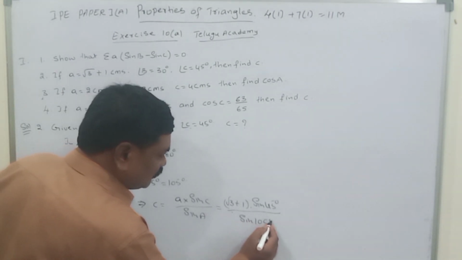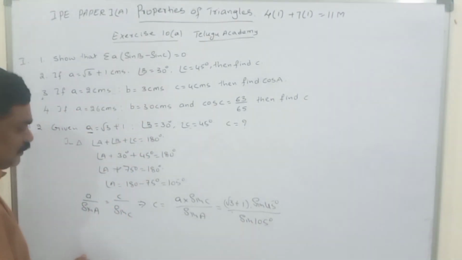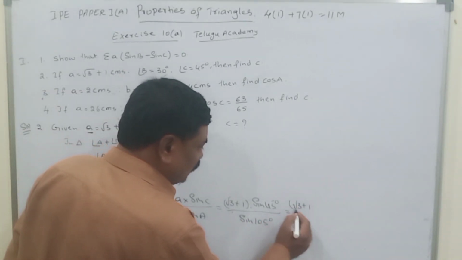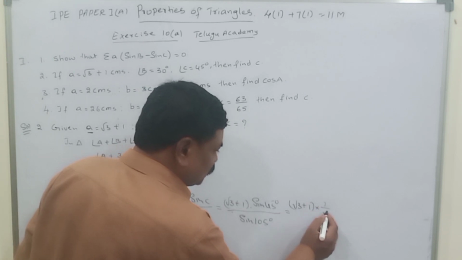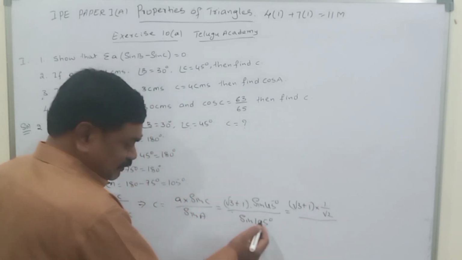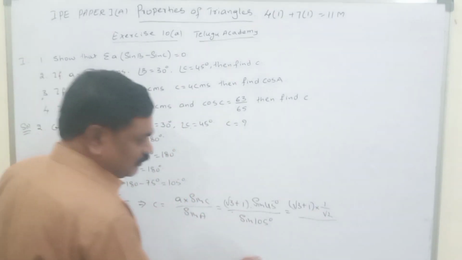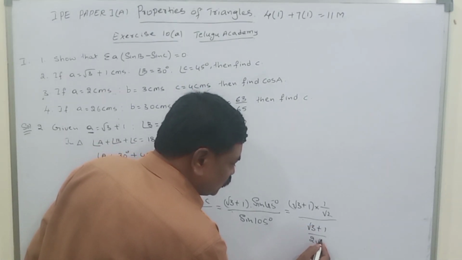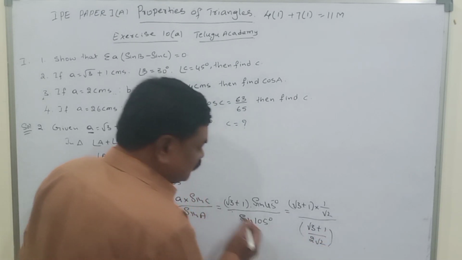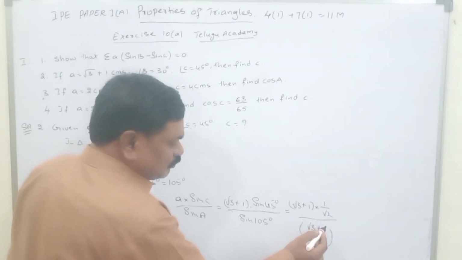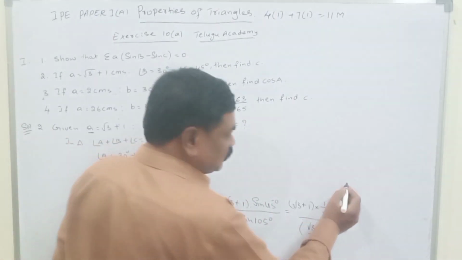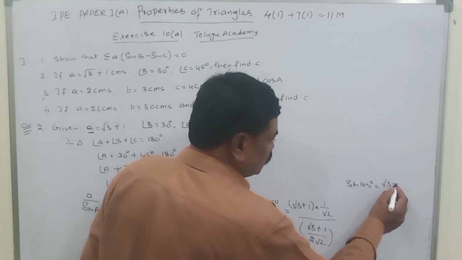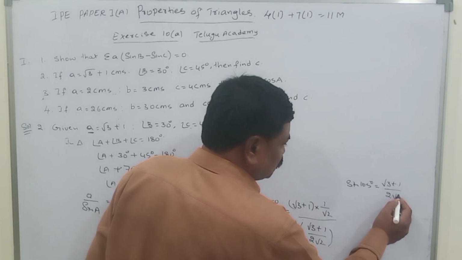Sin 105 degrees. So this value is equal to root 3 plus 1 into 1 by root 2, by sin 105 degrees. Sin 105 degrees is equal to root 3 plus 1 by 2 root 2.